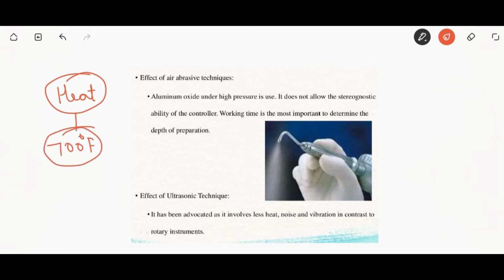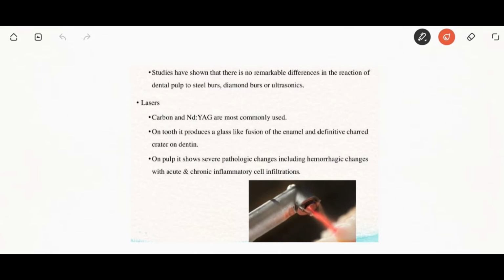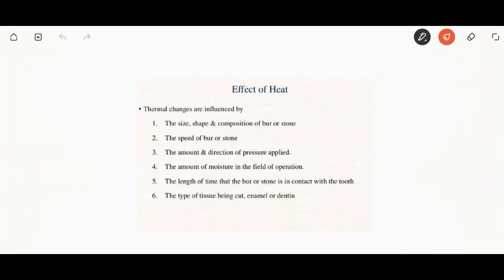So these thermal changes are influenced by the size, shape and composition of the burr, the speed of the burr, the amount and direction of the pressure applied, the amount of moisture in the field, the length of time that burr is in contact with the tissue, and the type of tissue being cut, that is either enamel or the dentine. What are the effect of restorative material on the teeth?